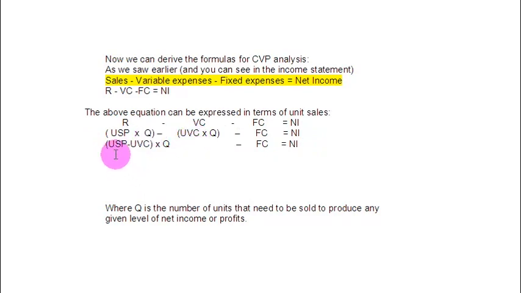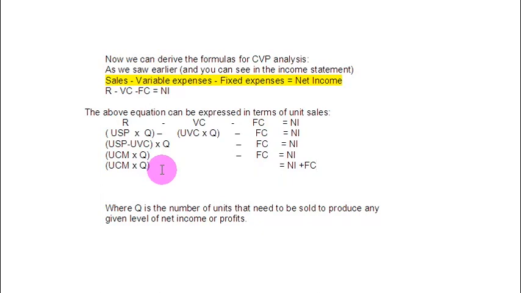I've removed the Q, and I can restate this algebraically as unit selling price minus unit variable cost times Q. Finish out the formula. Now, what's unit selling price minus unit variable cost? Well, we know that is unit contribution margin. That's the next replacement. So now we have unit contribution margin times Q minus fixed costs equals net income.